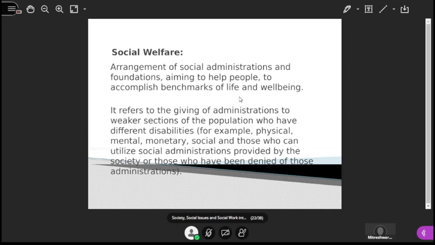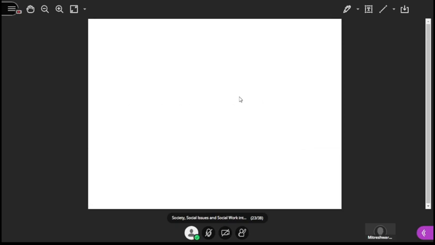It refers to the giving of administrations to the weaker section of the population who have different disabilities, for example, physical, mental, monetary, social, and those who can utilize social administration provided by the society and or those who have been denied of those administrations.